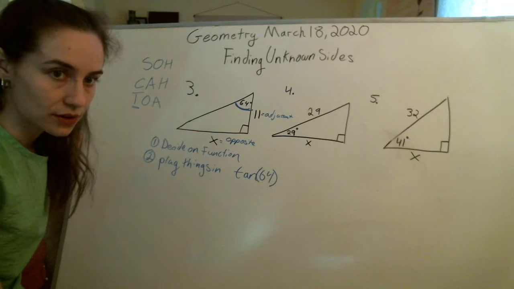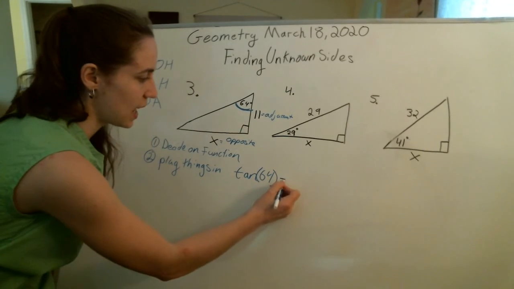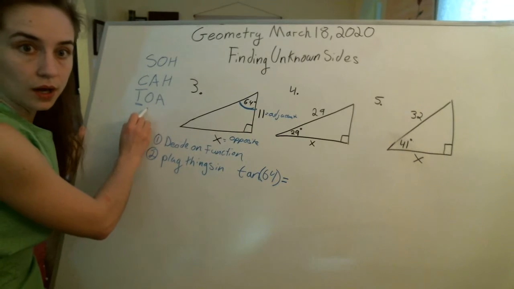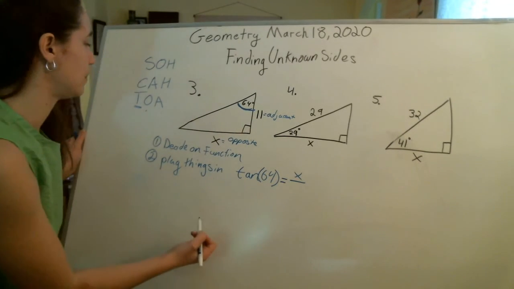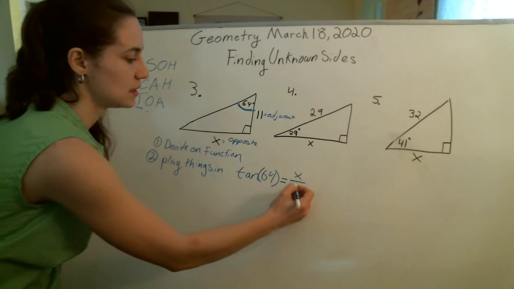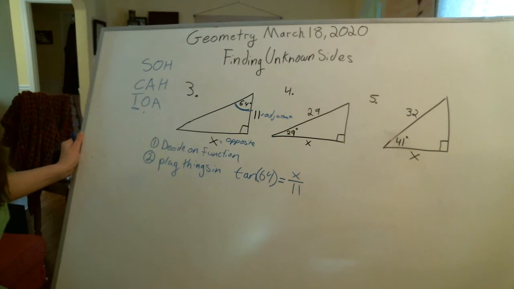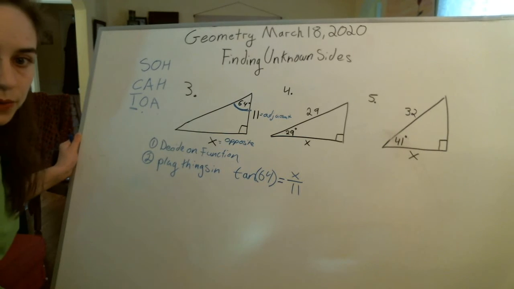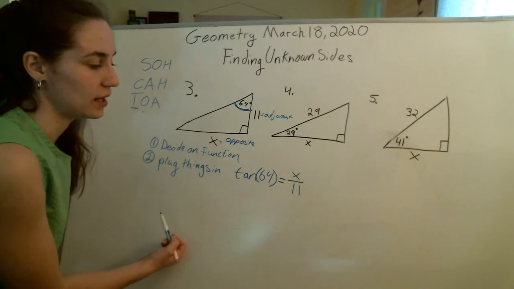When you type it into a calculator, hit the tangent button and then the 64, close parentheses. It equals opposite over adjacent. My opposite is x, and the adjacent is 11. So we end up with this problem: tangent of 64 is x over 11.